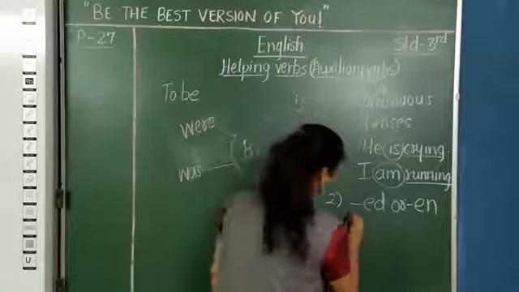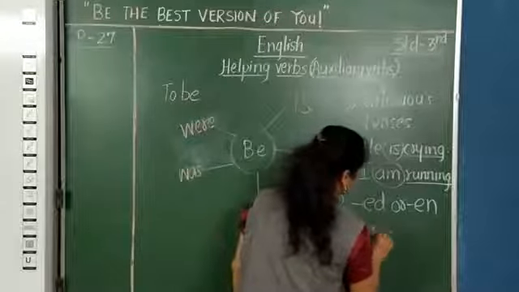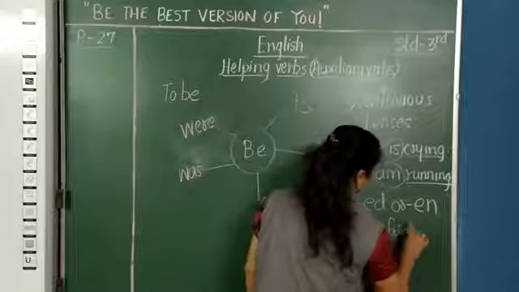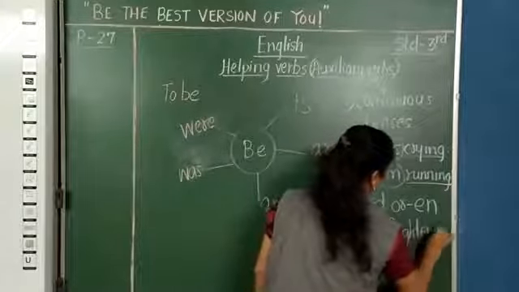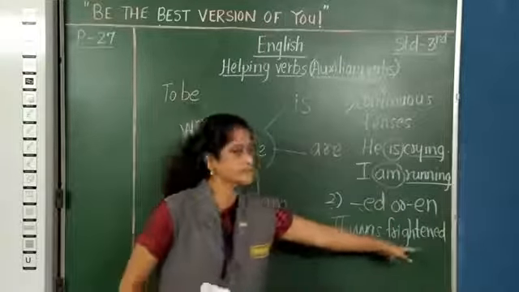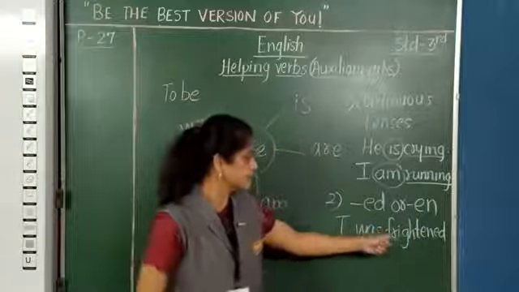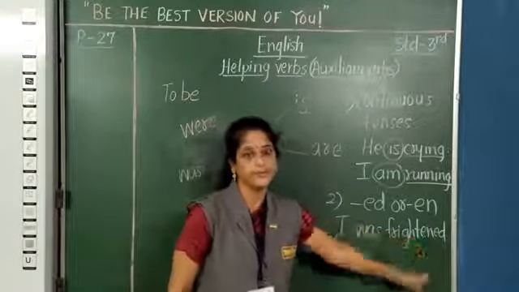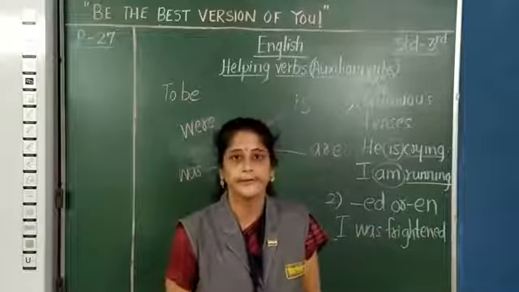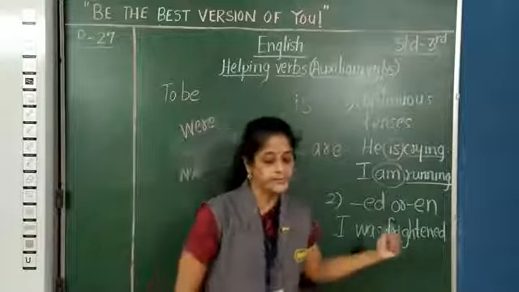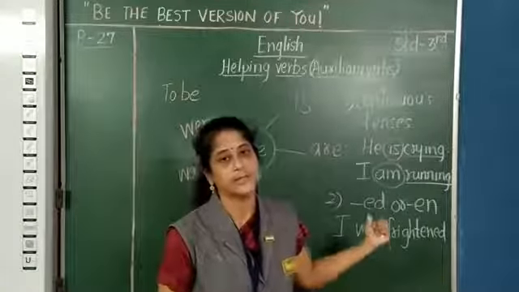When I write I was frightened, I am using was as a helping verb because it supports the main verb frightened in ed. So this is the way they come as your helping verbs.